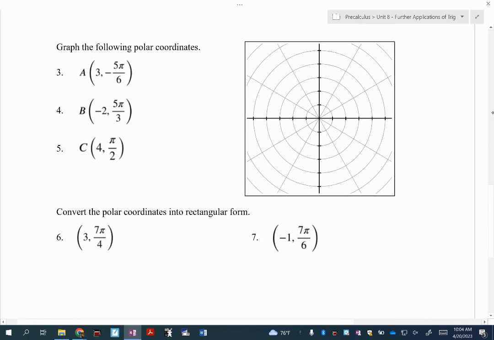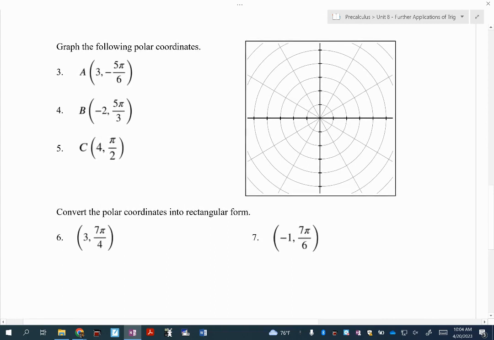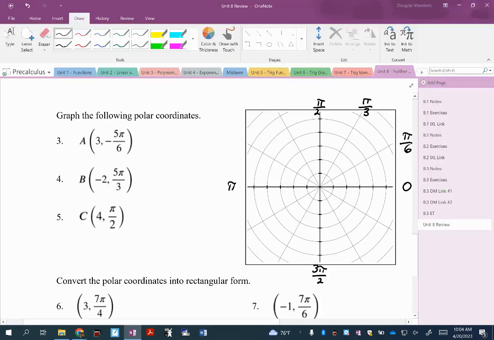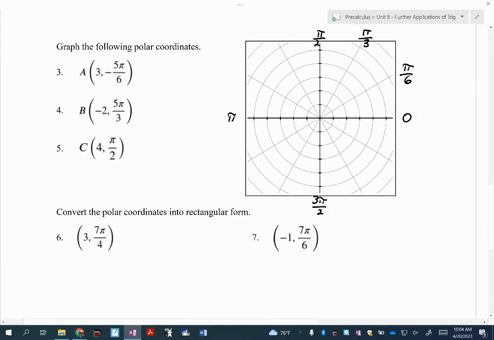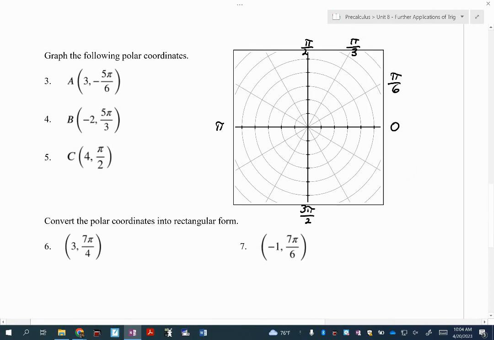All right, the backside. We're going to graph some polar coordinates and then do some conversion between polar coordinates and rectangular coordinates. The way you want to do this, remember, this is 0, this is pi over 2, pi, 3 pi over 2. And again, this one would be pi over 6, and this next one is pi over 3. All right, so I'm going to plot this first one, A. It does say negative pi over 6 for my angle, right?